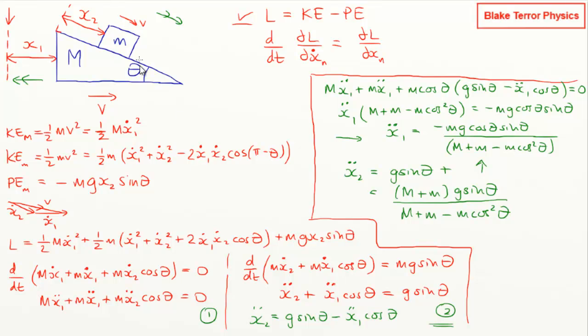So even if we're wanting to look at the complicated motion of the block moving down the moving slope, well, a double integration of this first result here is telling us the position of the slope. Double integration of this is giving us the position of the block on the slope. Well, you combine them and we can say exactly where that block is in our frame of reference. We've got that position as a function of time.